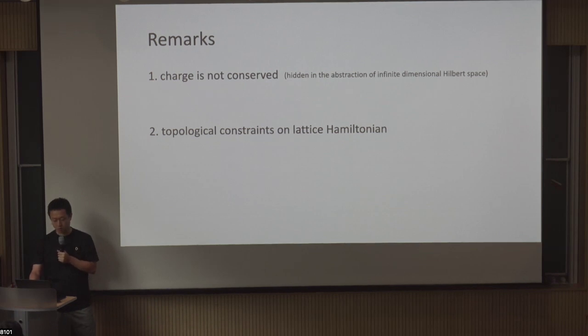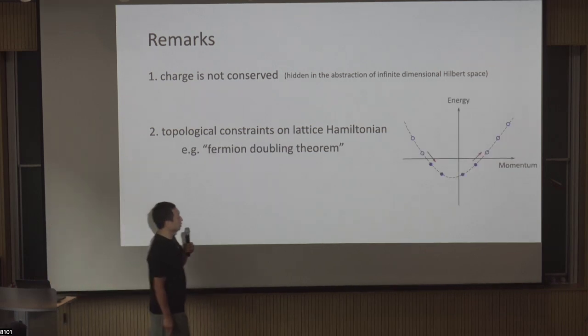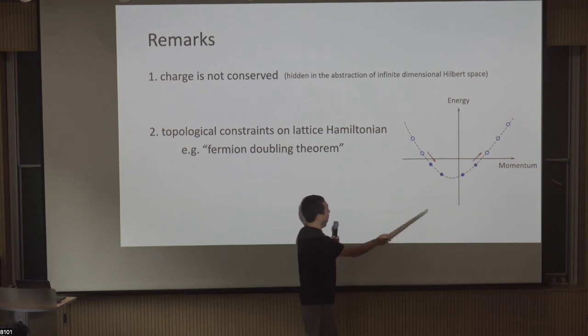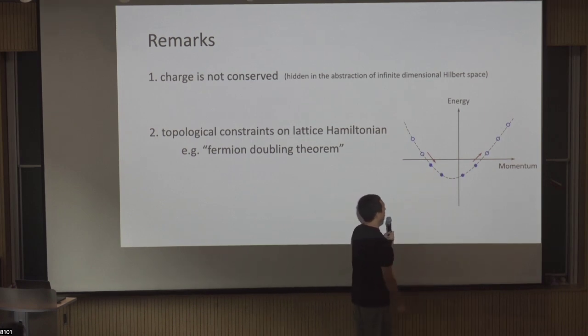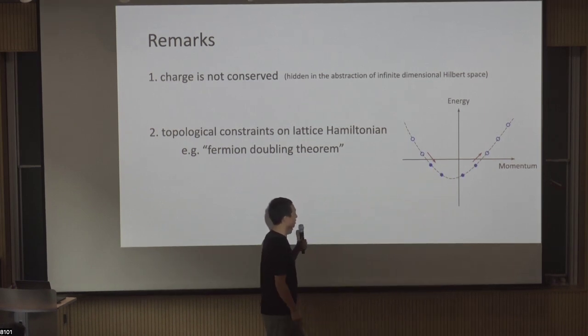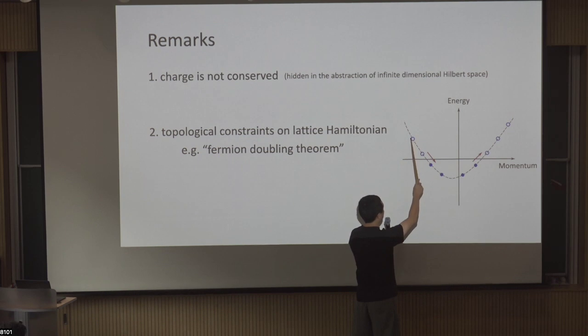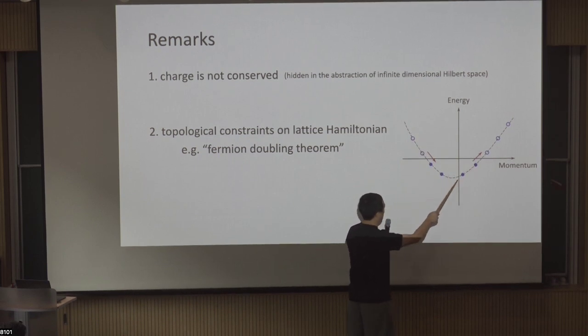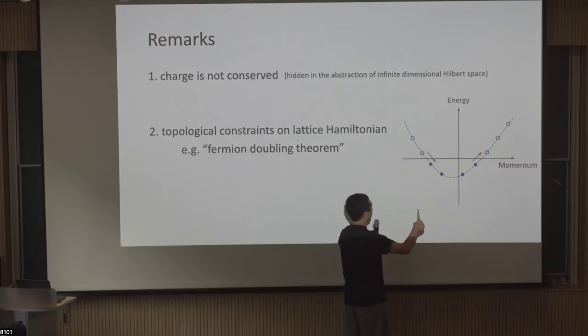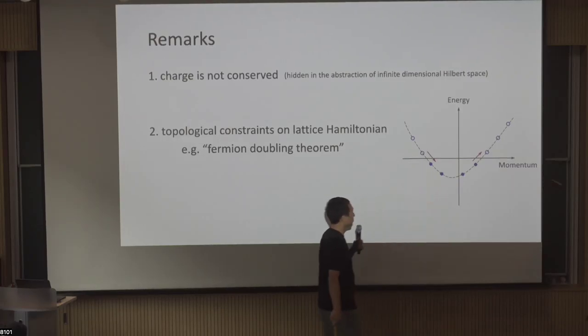You have some topological constraint on the lattice Hamiltonian. The problem is when you try to regularize the theory on the lattice, well, it's a simple exercise for any condensed matter student. You just write down the Hamiltonian, diagonalize it and see the band structure. You will see that you have to go back. So you cannot go infinitely deep in the Fermi sea, you have to come back.